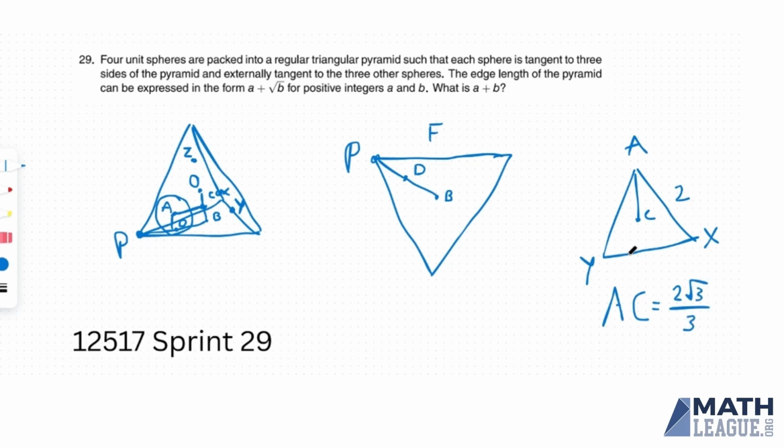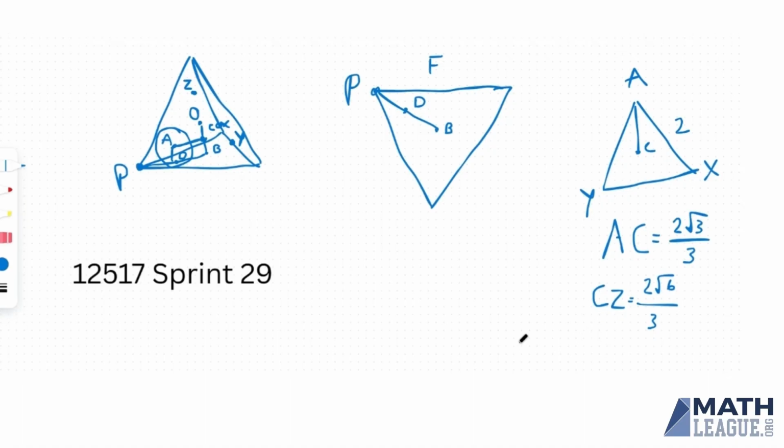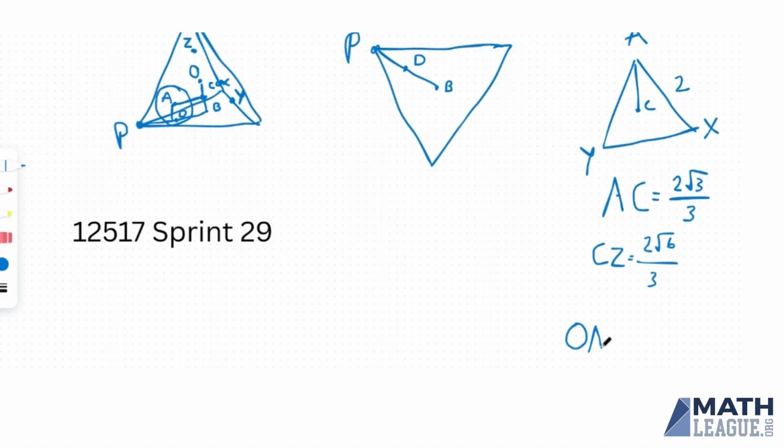And then by the Pythagorean theorem, we can find that the length CZ comes out to 2 root 6 over 3. Now let OA be equal to x. First of all, again by symmetry, notice that OZ is also going to be length x.